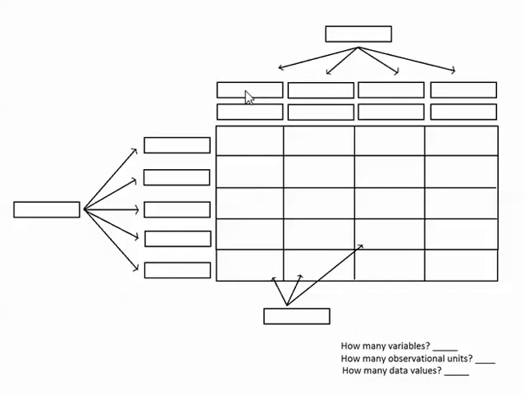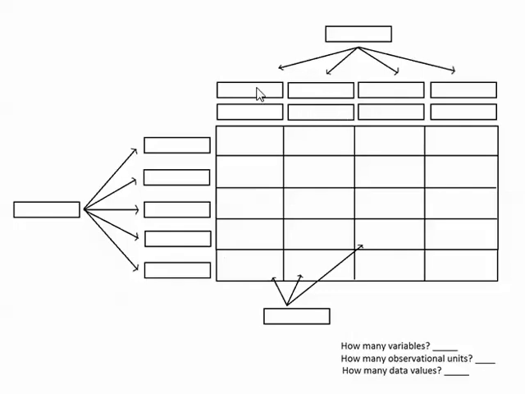Once you've written the names of your 4 variables in these 4 boxes, write the type of variable in the box under the name of the variable. So if this one is your nominal variable, write qualitative nominal in this box down here. If this is your ordinal variable, write qualitative ordinal in this box.